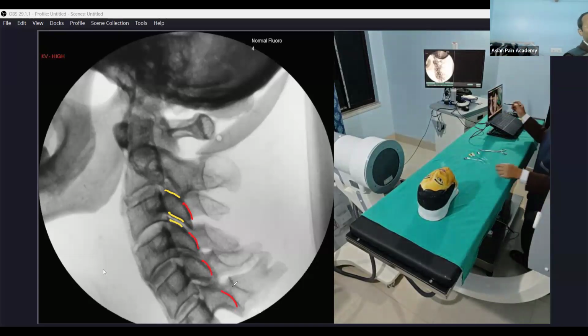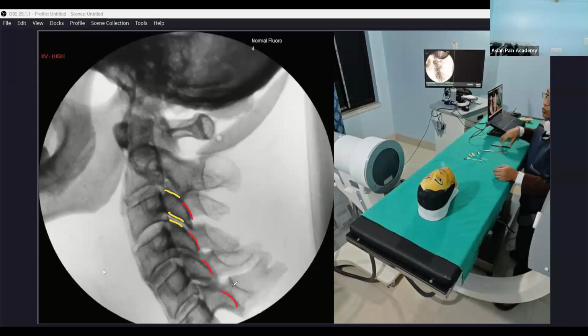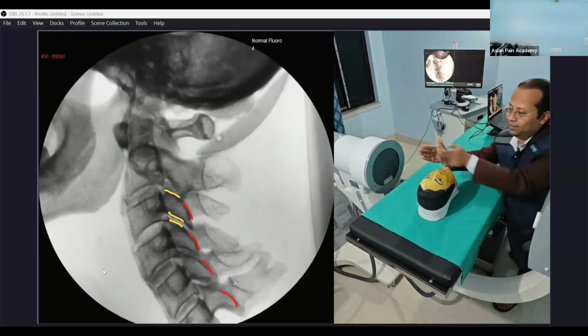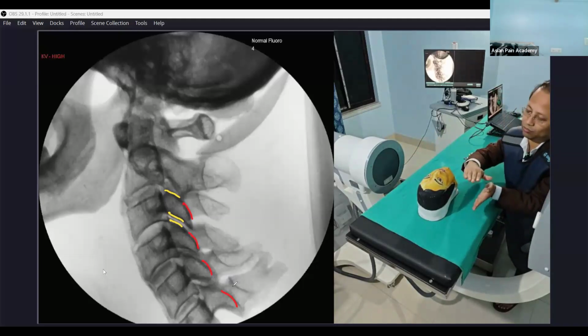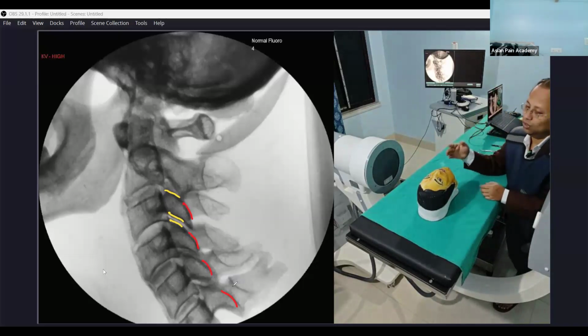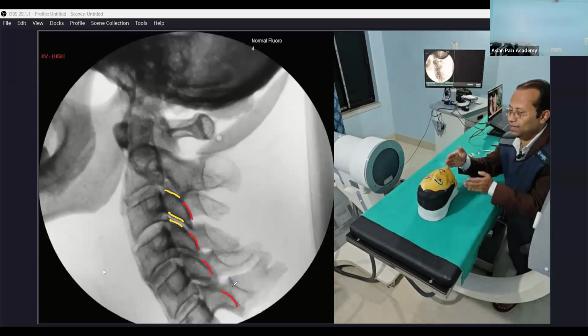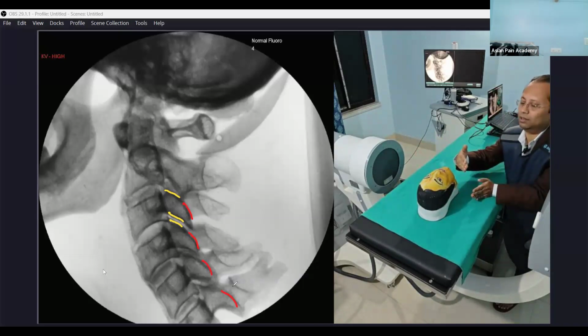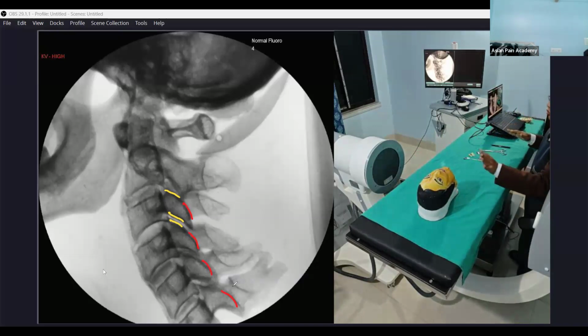The red lines will become two if the head is tilted towards the left or towards the right, whereas the yellow line will become two if the head is not tilted but deviated towards the right or towards the left. So these are two conditions.